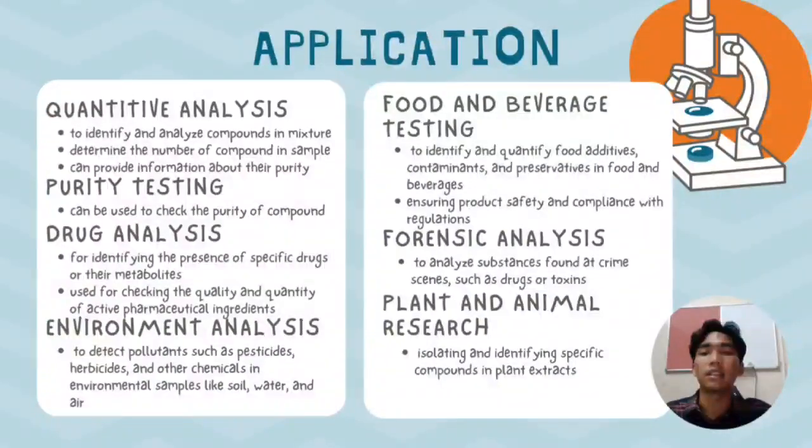Forensic scientists use TLC to analyze substances found at crime scenes, such as drugs or toxins, and to compare them with known reference material. And the last one, plant and animal research. It can help in isolating and identifying specific compounds in plant extracts, such as alkaloids or flavonoids, and in testing biological samples for certain compounds of interest.